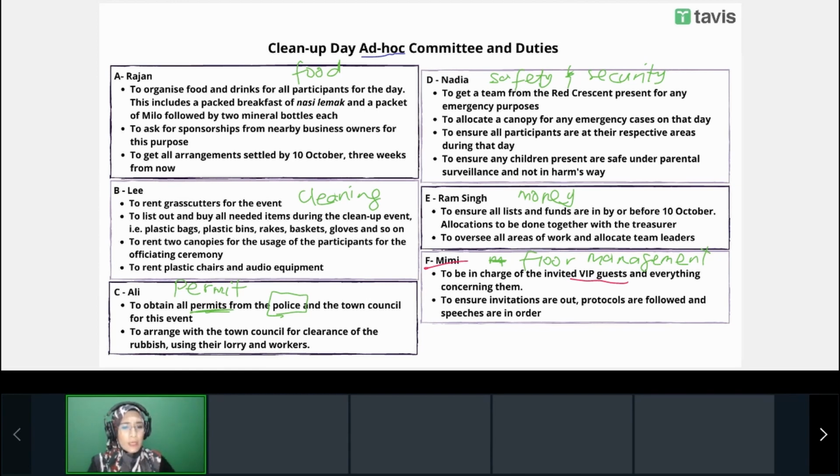Now, where can we find the word officiate? So here, it's actually at Lee, paragraph B. Officiating the ceremony. I introduced this word before. Officiating is more like the introducing part of the whole ceremony.